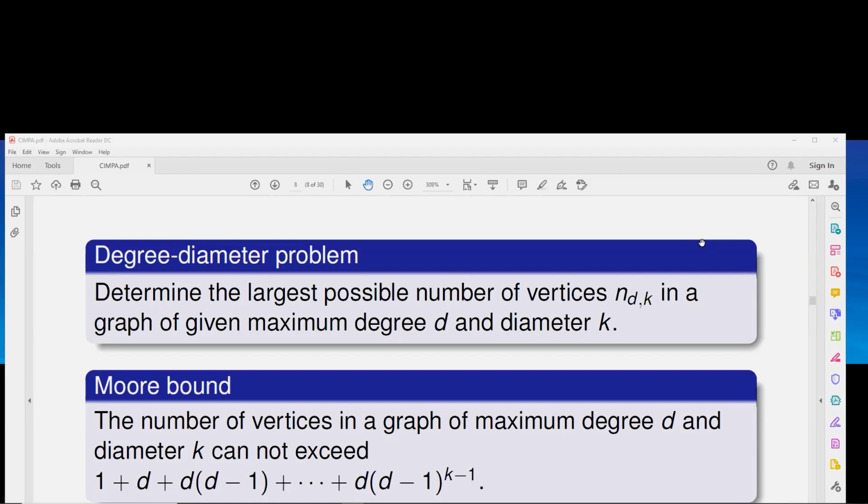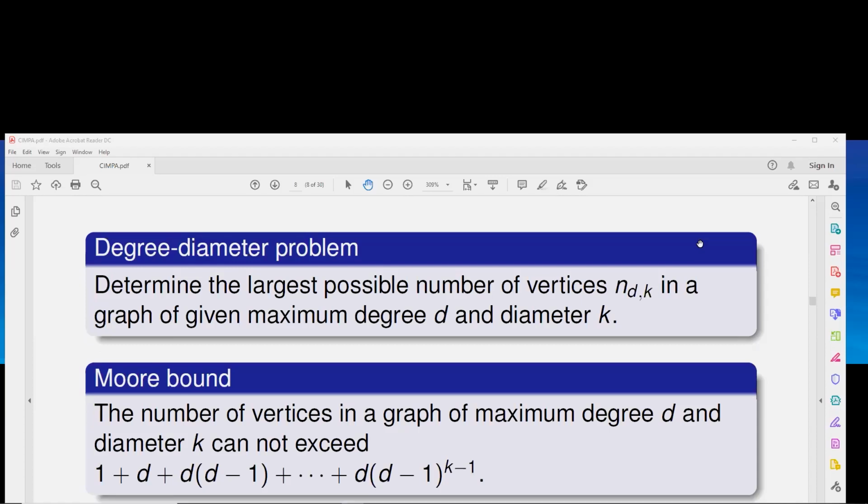But already, if one of them is going to infinity, then mathematicians are usually able to find stronger results than computer scientists. So computer scientists usually find the best possible results for small values because they can use programs and strategies to look for the largest possible graphs for, let's say, small D and K. If one is going to infinity or is very large, the number of vertices is really growing enormously.